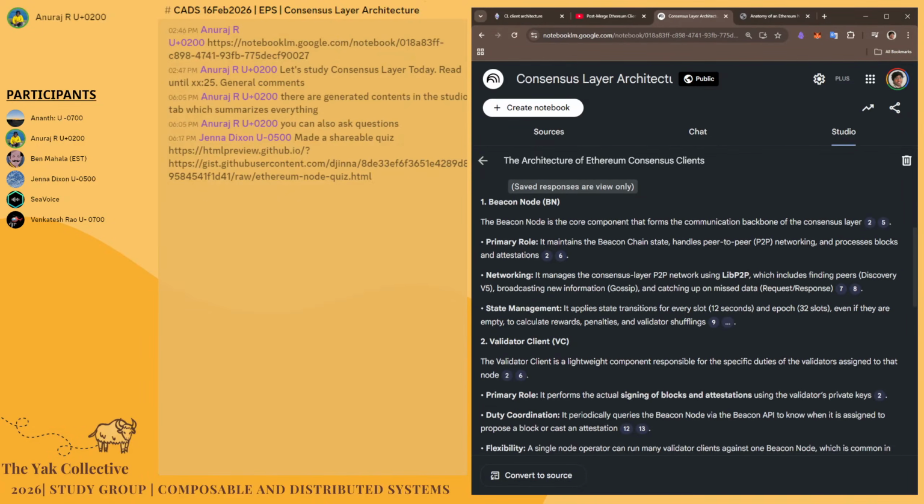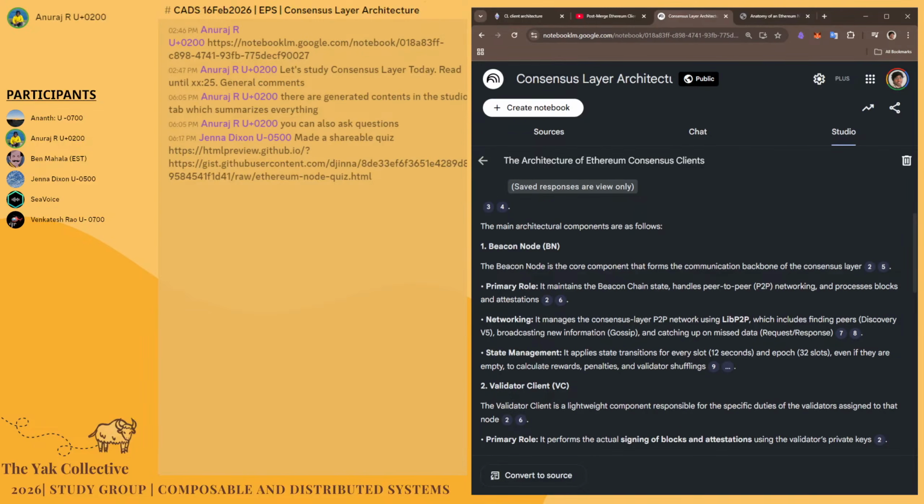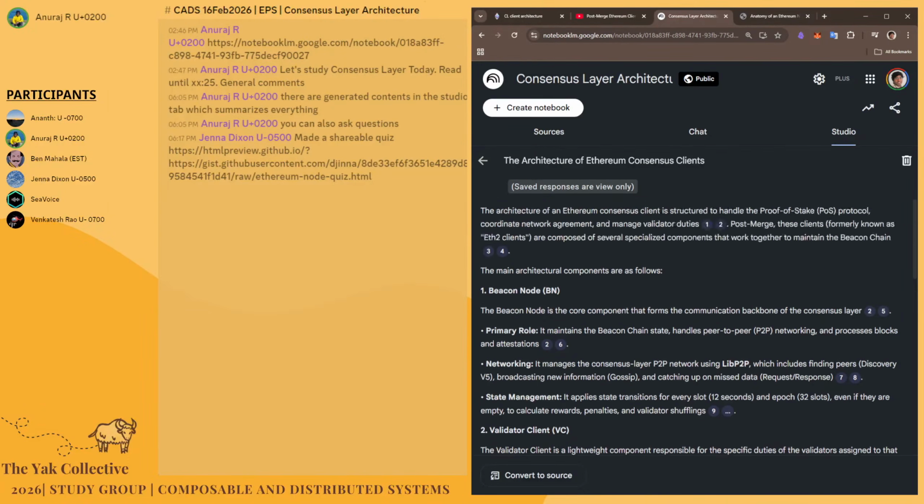I always used to wonder why the consensus layer and execution layer both need peer-to-peer gossiping. Now I understand that the execution layer is where the transactions first go and where the mempool is formed, and then it's the consensus client that proposes the block. So, a better understanding of that.